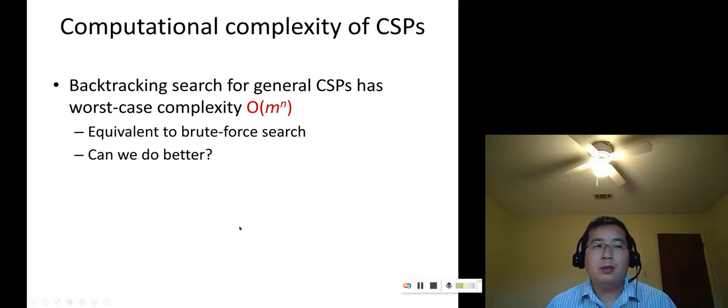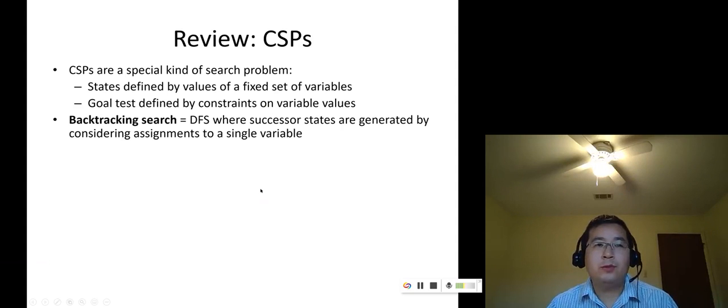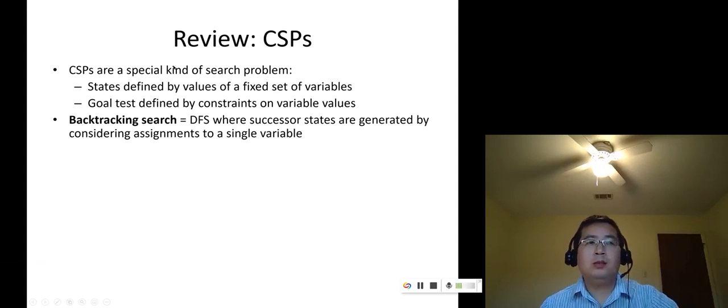And then on the last slide, we just do a review of the CSP problem. CSP is a special kind of search problem. The state is defined by values for a fixed set of variables. That means you have a list of variables to assign values to.